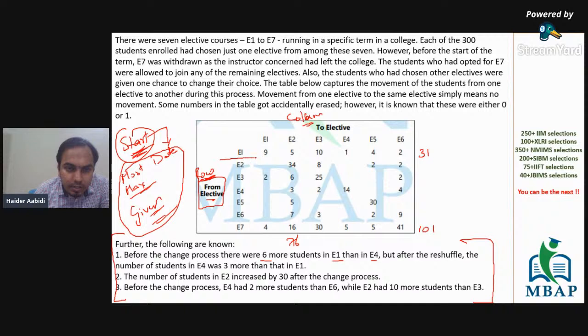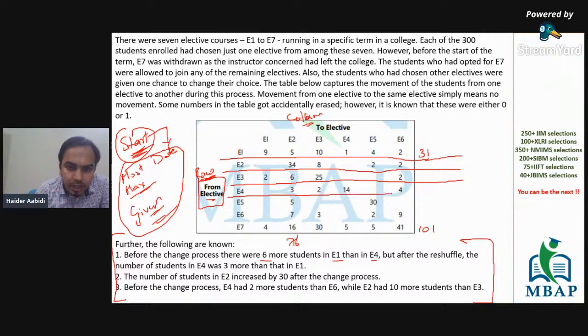I'll just make this a row so that it is clear, till the time I get responses from everyone. The number for E1 is 31. It says that E1 had 6 more than E4 before the shuffling. How much is E4 before the shuffling?